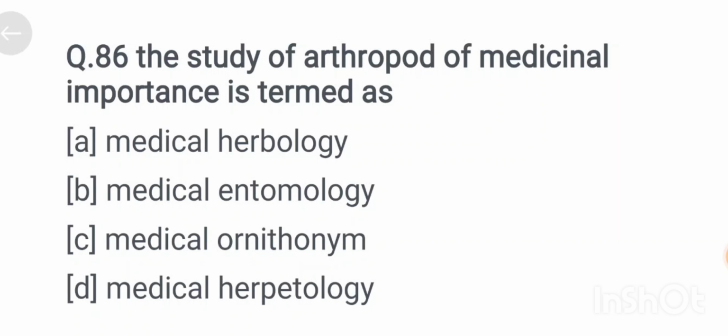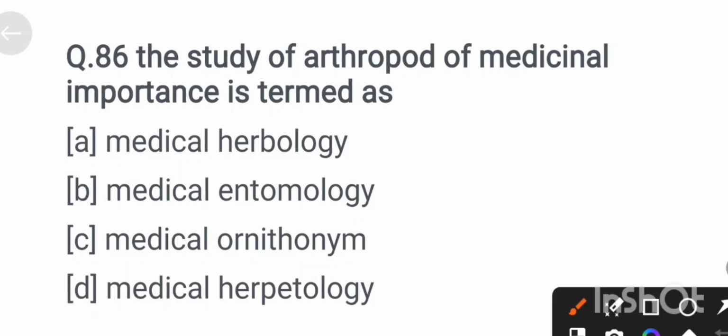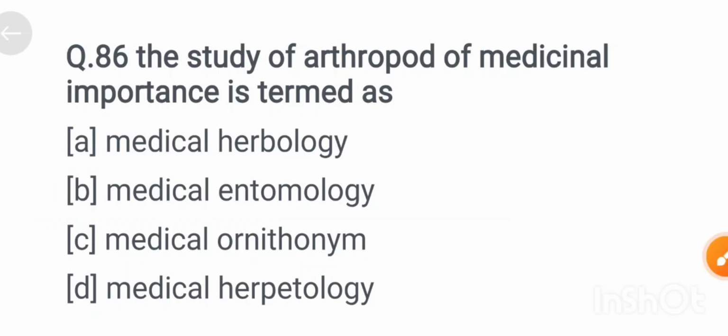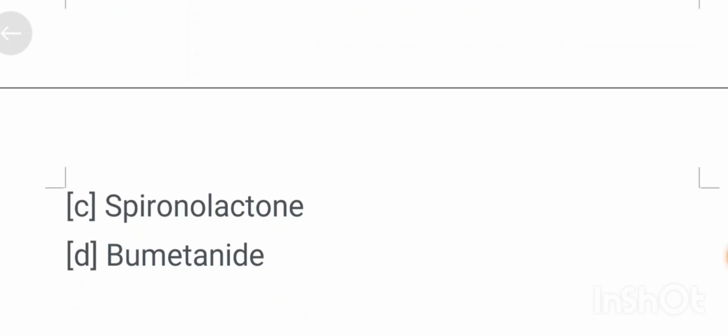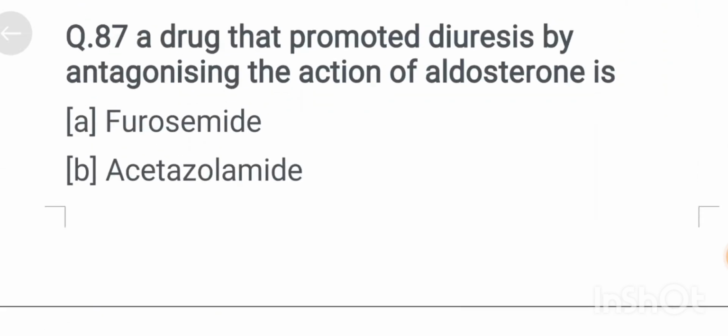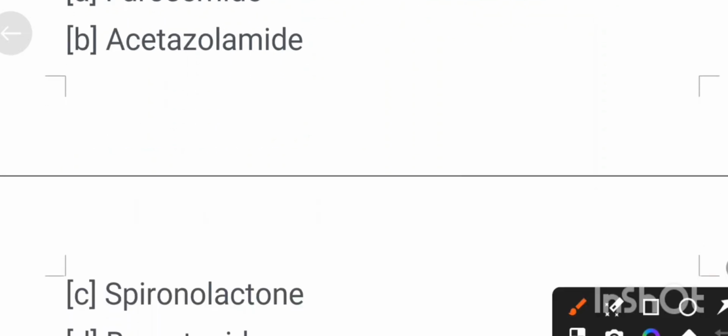Correct answer is option B, medical entomology. Next question. A drug that promotes diuresis by antagonizing the action of aldosterone is: option A, furosemide; option B, acetazolamide; option C, spironolactone; option D, bumetanide. Correct answer is option C, spironolactone.